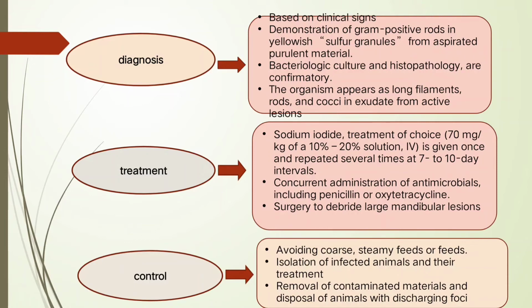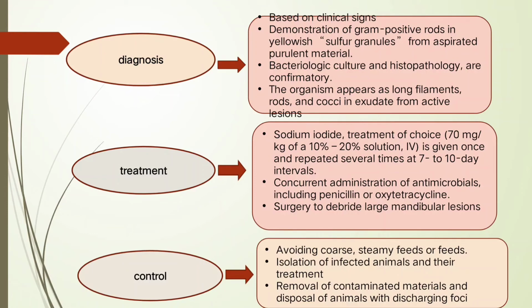To treat actinomycosis, one can use sodium iodide or potassium iodide, which is the drug of choice. 70 mg per kg body weight of a 10 to 20% solution is given IV once and repeated several times at 7 to 10 day intervals. Antimicrobials such as penicillins and oxytetracyclines can also be used.